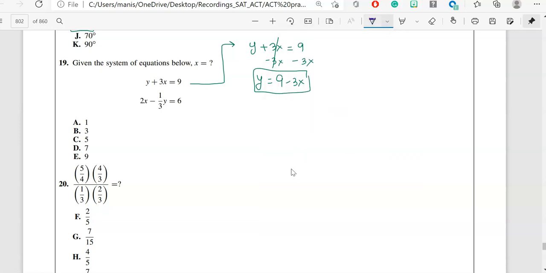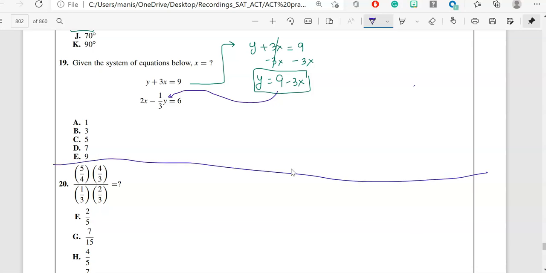So now I have my value of y. What I can do is take my value of y and substitute or plug it in over here. Let me draw a line over here so you will know this is the part. It looks like this, 2x minus 1 over 3, and now it becomes 9 minus 3x, equal to 6. I will use the distributive property of multiplication over here: 1 over 3 times 9, 1 over 3 times 3x, is equal to 6.